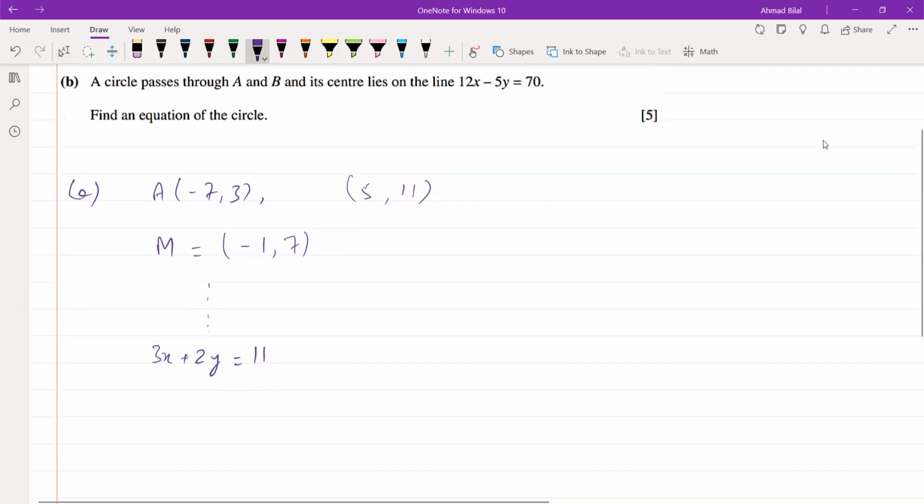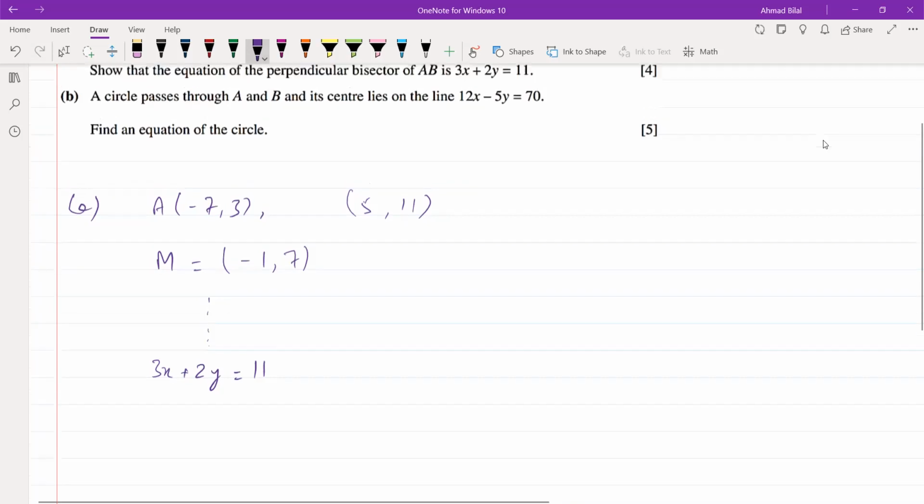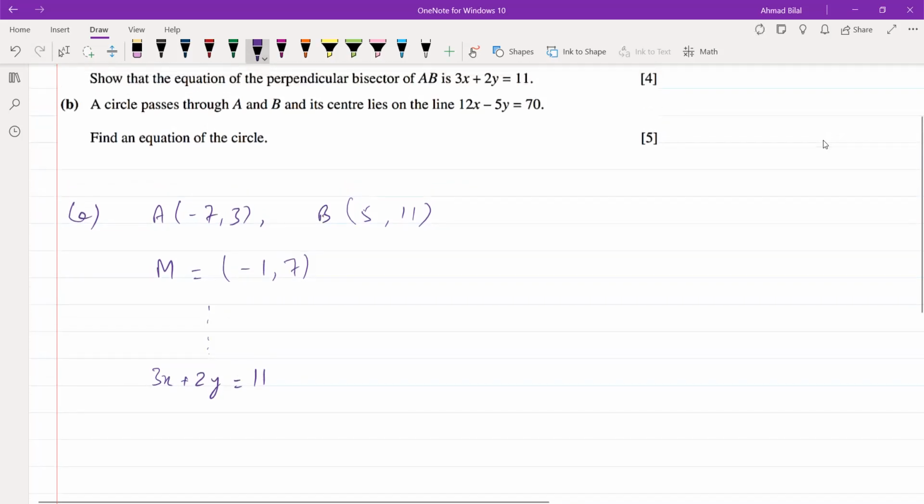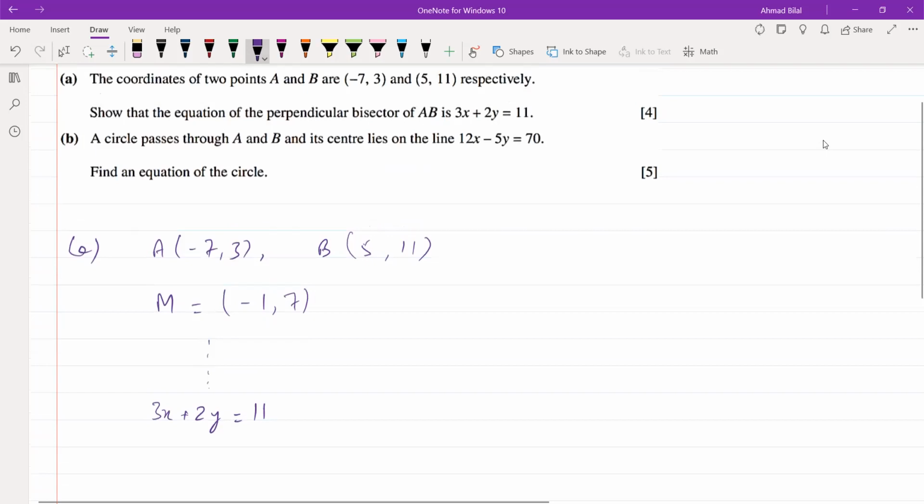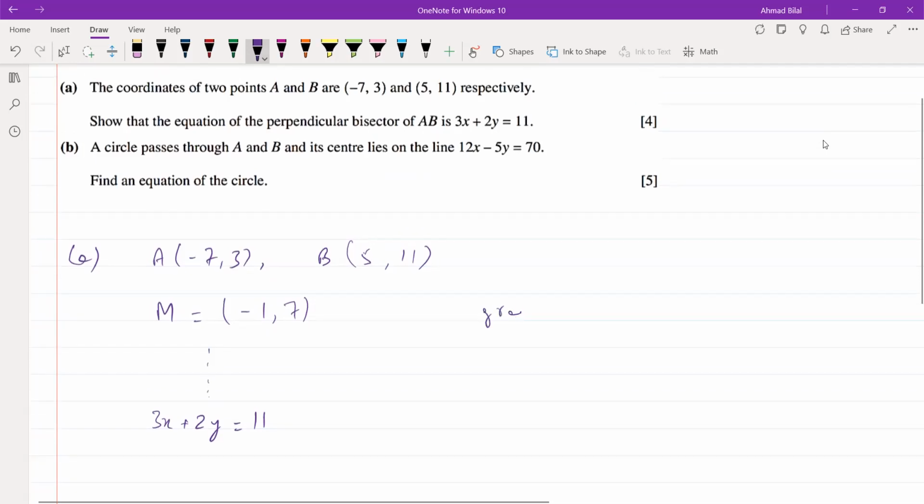So using this and the gradient of the perpendicular line of AB, what will you do? You'll find its equation. You can just write that down here. What will the gradient of AB be from here? That will be 8 over 12, which is 2 over 3.